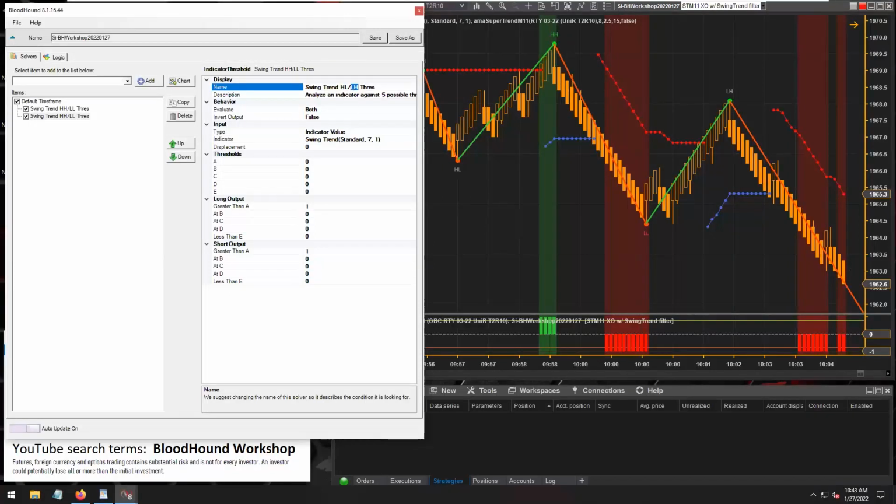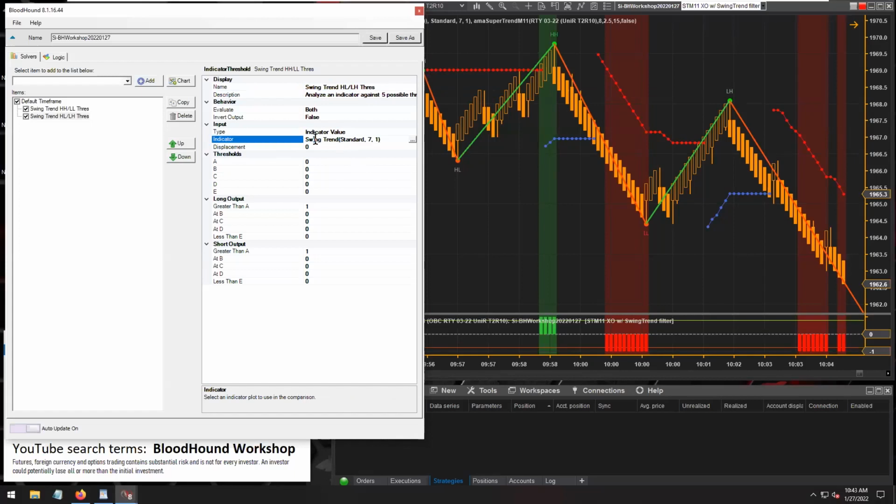So for a long trend, I want to find a higher low, and for a short trend, I want a lower high. We can see over here, we have a lower low, and then what we want is a lower high to start a downtrend in the market, or to pick a downtrend. Okay, so we've got this named correctly.